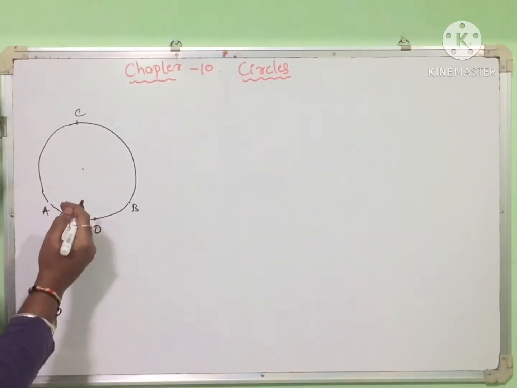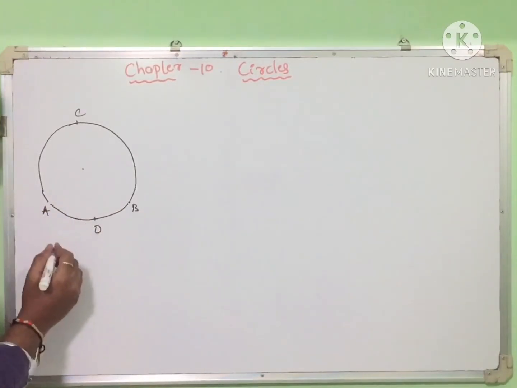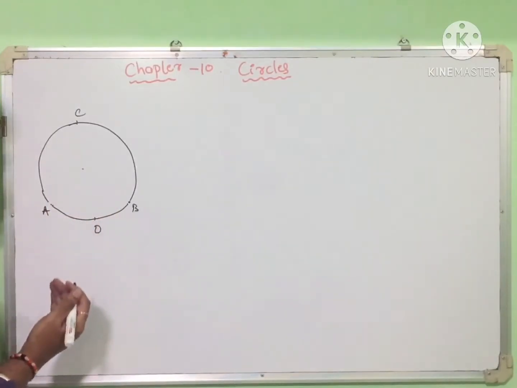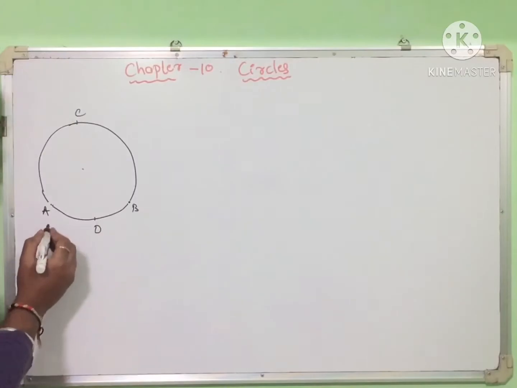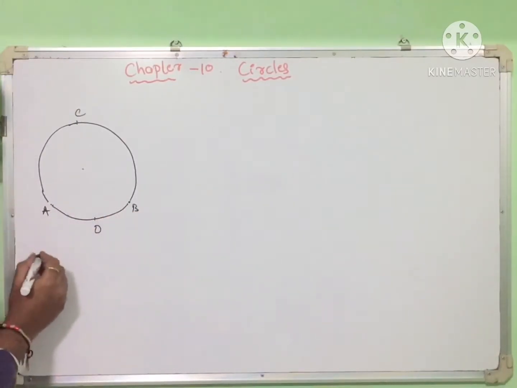The pieces of a circle are called arcs, and there are two types of arc: one is major and the other is minor. Which one is the smaller? It is the minor arc.